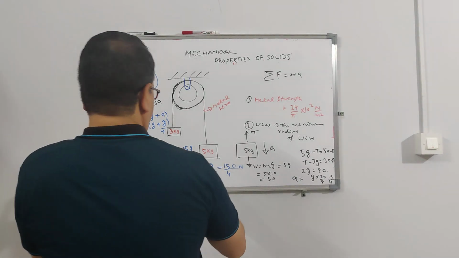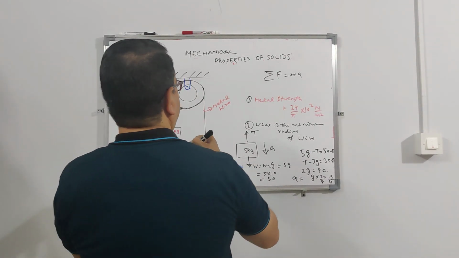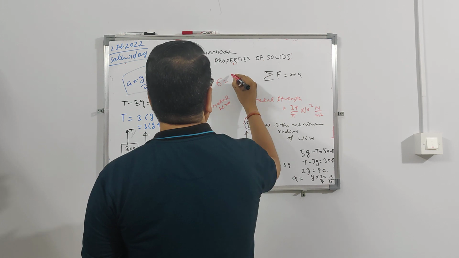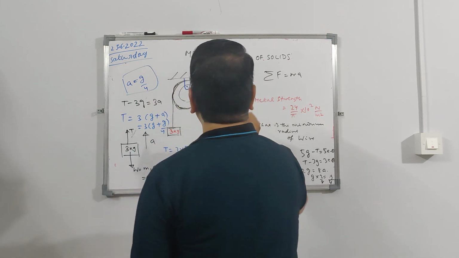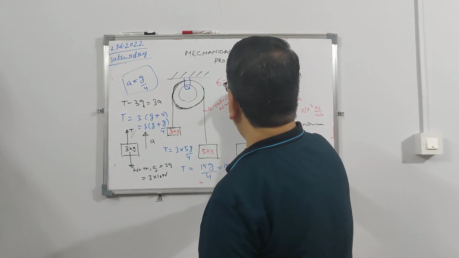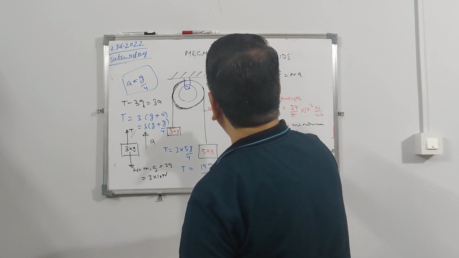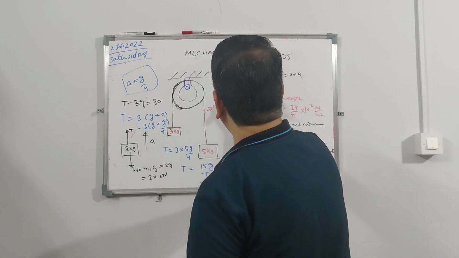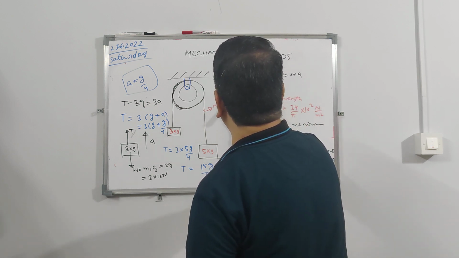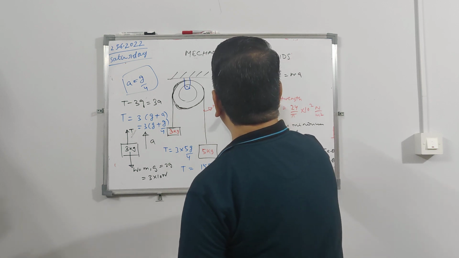So I know that my stress is equal to force by area. We know stress and we know force. Instead of force you can write tension by area, and for area you can write pi r square, or pi by 4 d square.